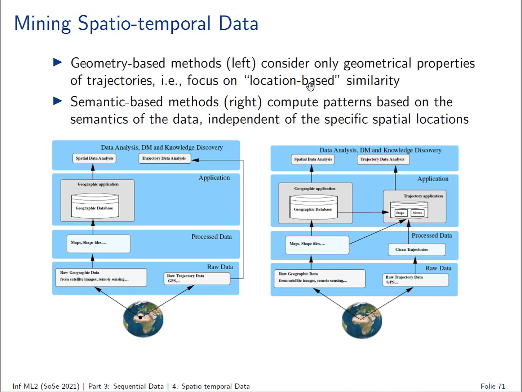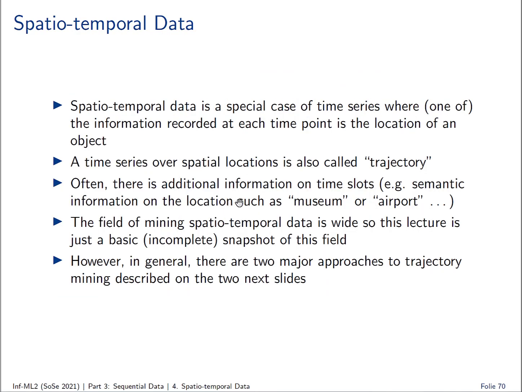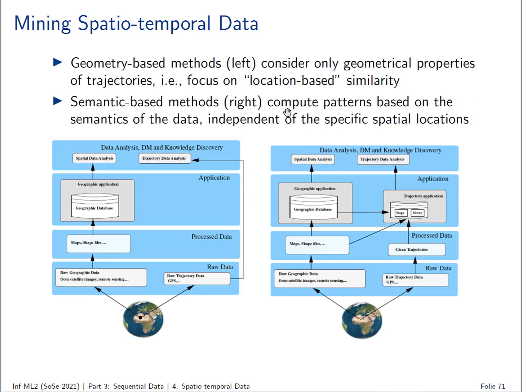If we have more than just the spatial locations, as I just said, that we enrich this information with additional semantic information, then we can also focus on semantic-based methods that try to compute patterns based on the semantics of the data, sometimes independent of the specific spatial locations, because an airport can be there and there, so it's not so important if you are at that particular airport. It's only important to be at one airport somewhere. And that is different to the geometry-based methods, where it's important to be at the same airport, at the same GPS coordinates actually. So that is the basic difference.